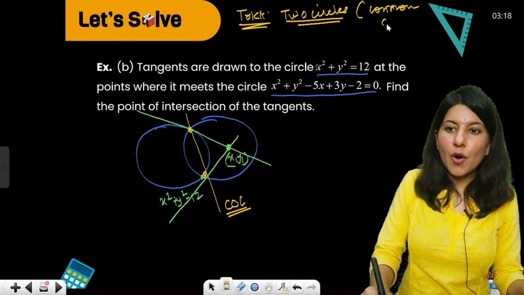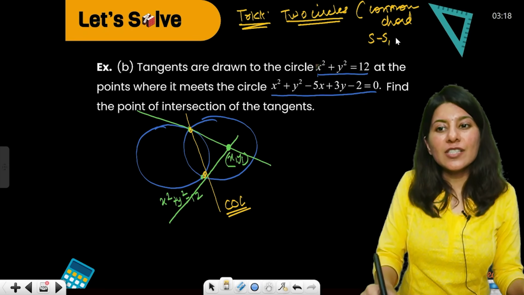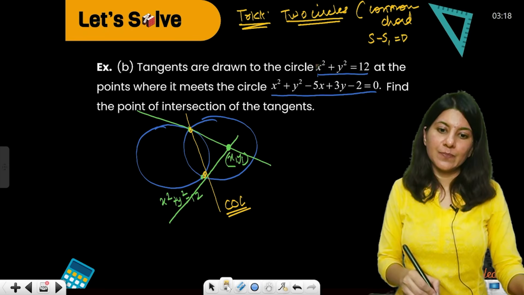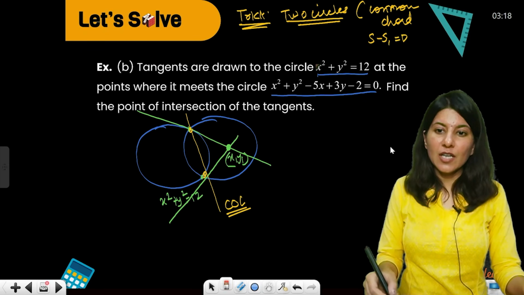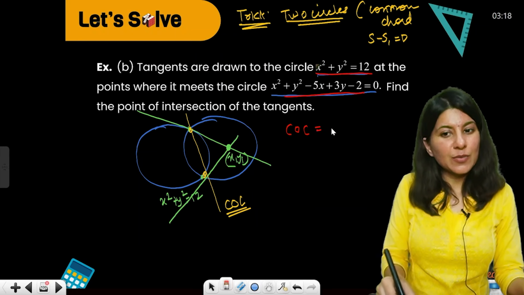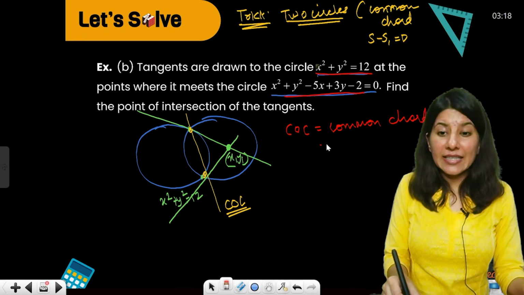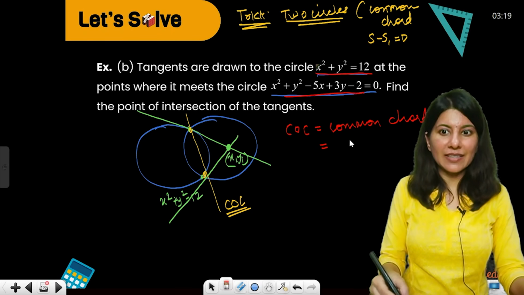You get the common chord by just subtracting the first circle minus the second circle. If you have two circles, then the chord of contact equals the common chord of both circles, and you get this just by subtracting the two circles.